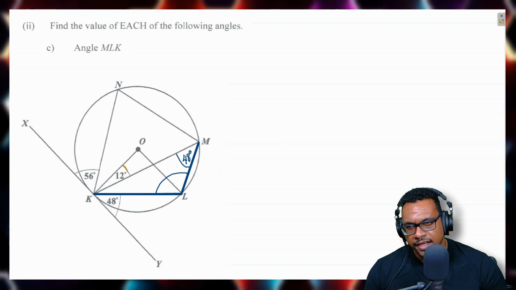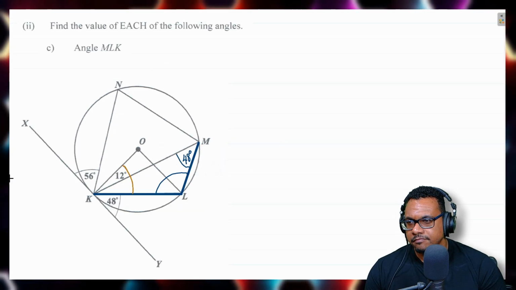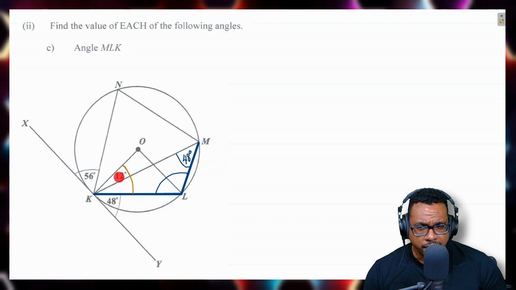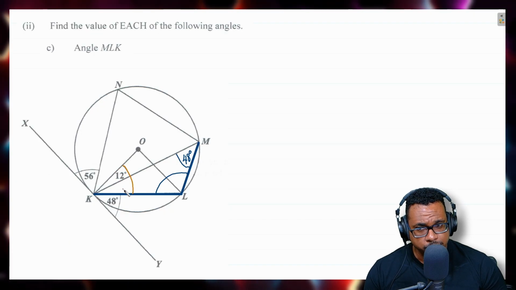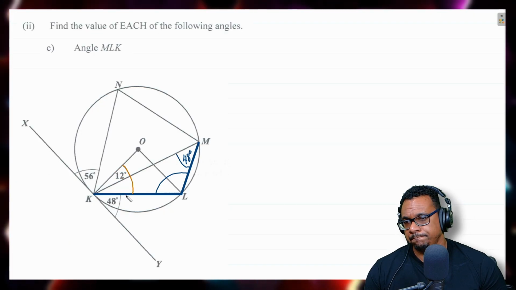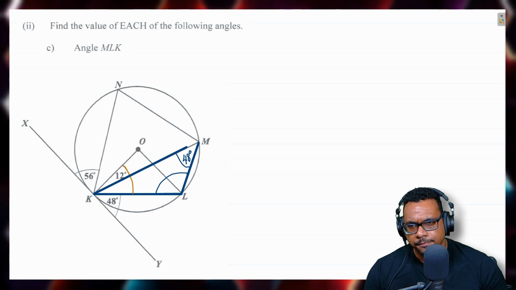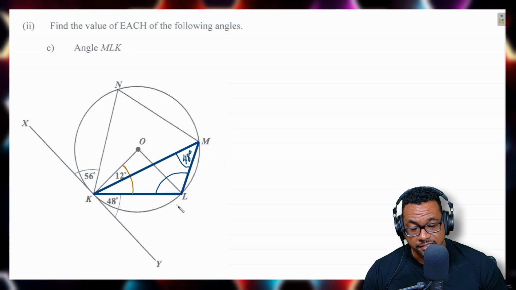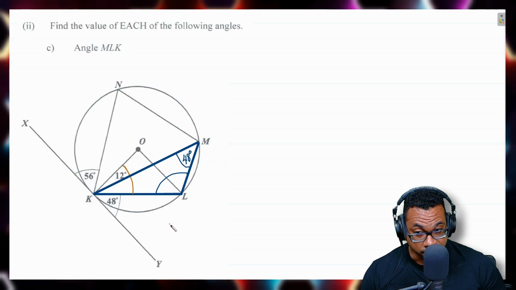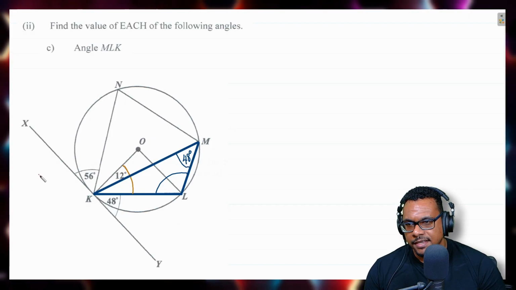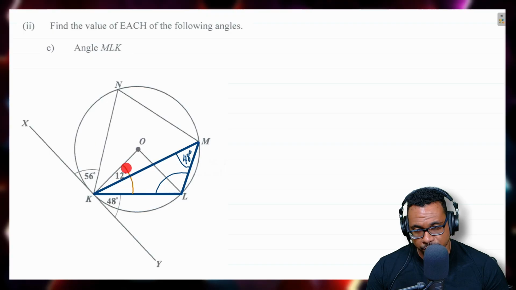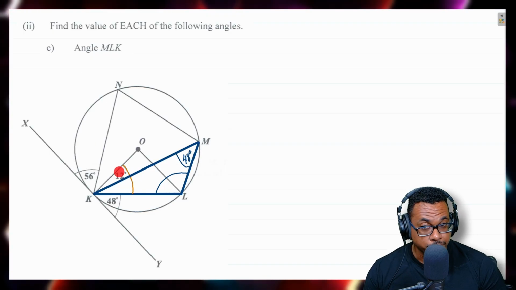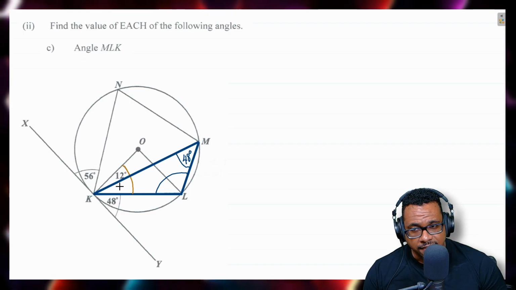But here we have 12, so 42 take away 12 will give us this part of the angle here. So I'll highlight the triangle. This is the triangle that we're looking at. We know the sum of the interior angles of this triangle will be 180 degrees. And if here is 12 and this whole angle was 42, then 42 take away 12 is 30. Therefore, this angle here is 30 degrees.